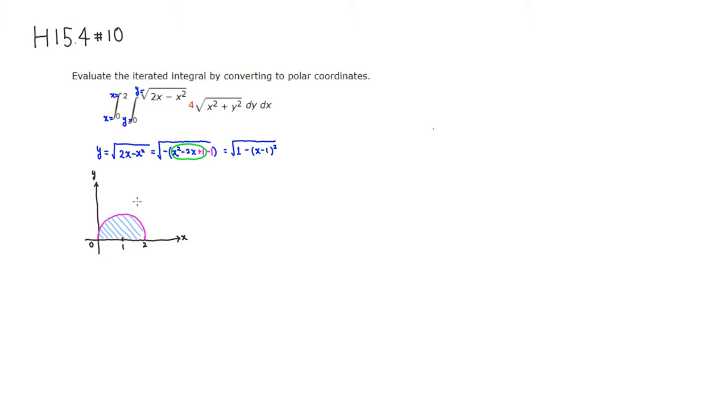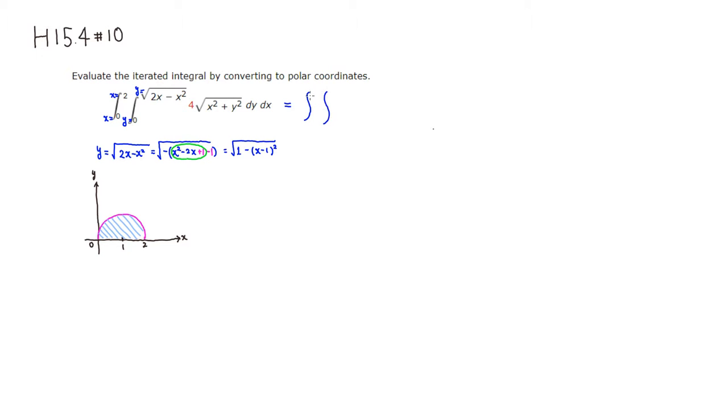What we want to do is rewrite this in polar coordinates. So this is going to be equal to a double integral.